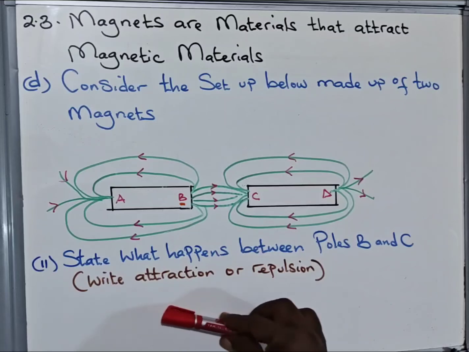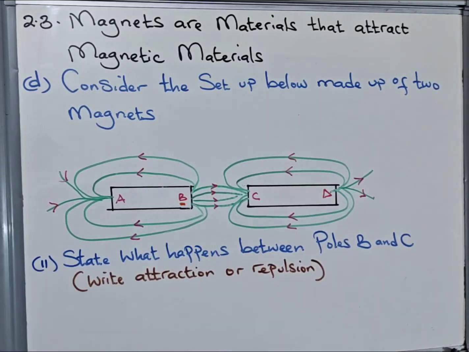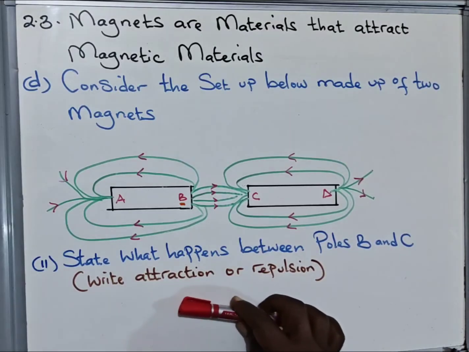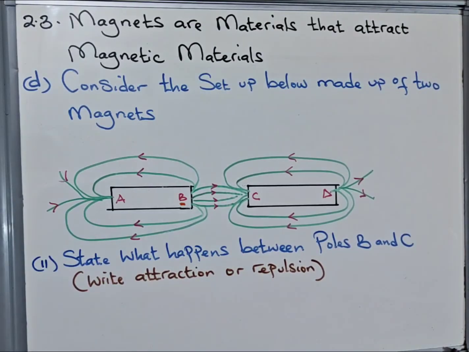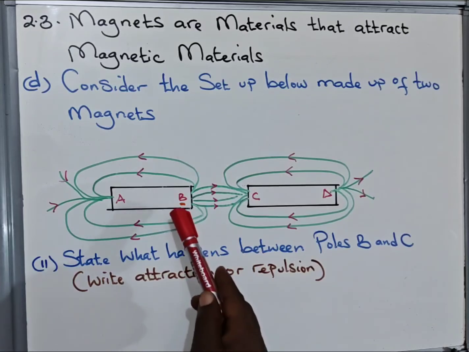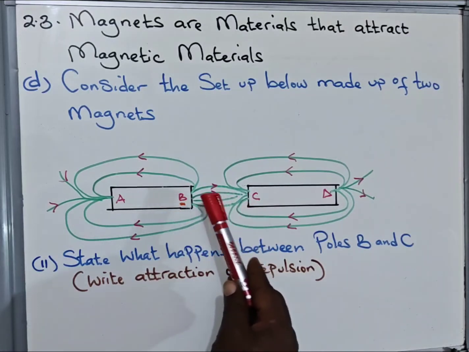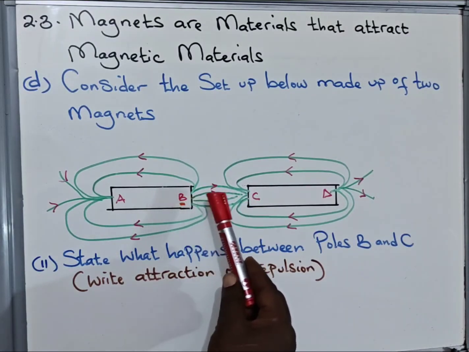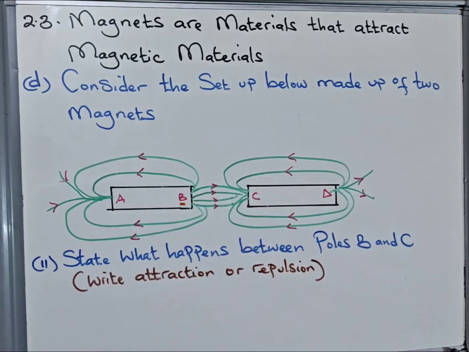Then comes this question. It says, state what happens between poles B and C, write attraction or repulsion. So what is happening between B and C? Actually, the fluxes are showing that they like each other. They're coming from B and they're entering C. That one is attraction.